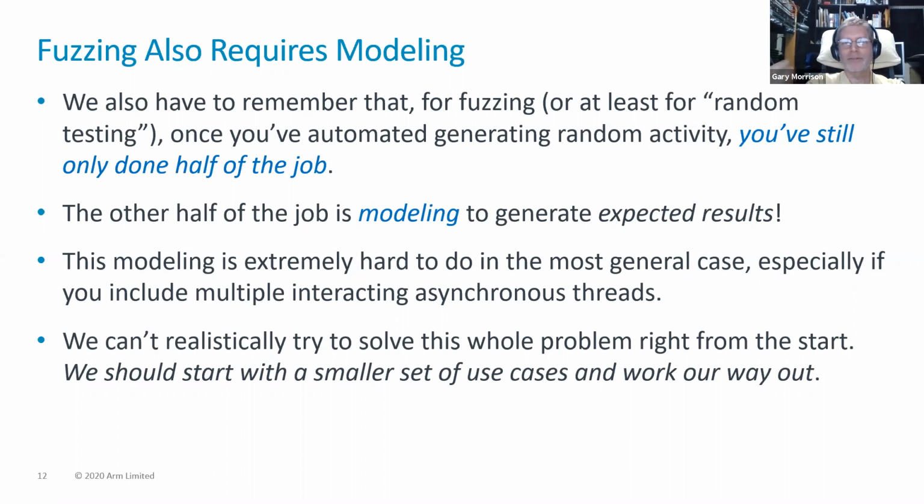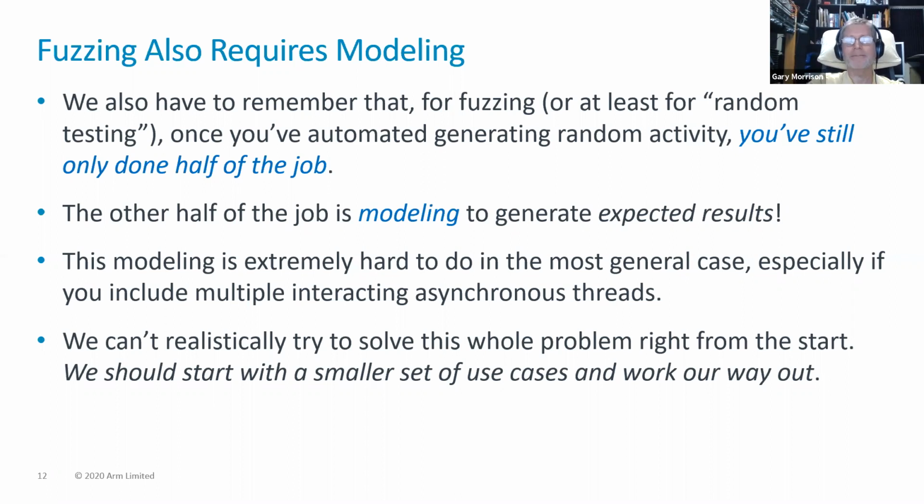This is really more of the nature of providing directed random stimulus and trying to be able to predict what the expected results are. So as I like to say, you've only done half the job if you're just generating random input, random PSA calls.